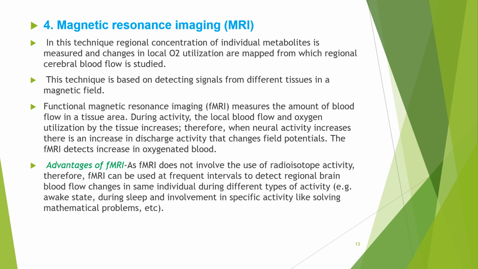So with the help of SPECT, PET and MRI, we can detect the regional blood flow, and with the help of MRI, we can also detect the cerebral blood flow changes in activity of sleep, awake state, or any problem solving state. And the most important thing is it won't use any radioactive isotope. So we can use it at frequent intervals. That is about the measurement of cerebral blood flow.